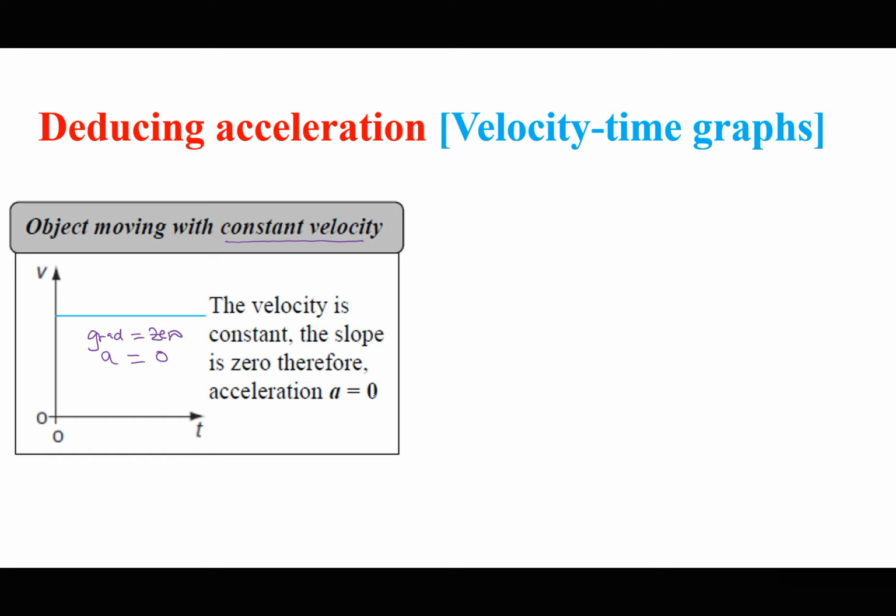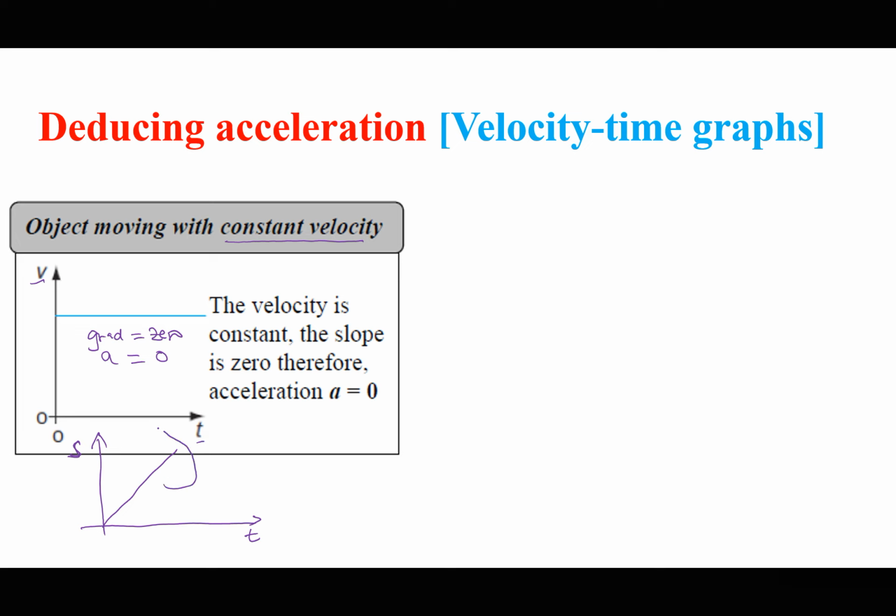Now people will confuse this with the line we drew for displacement against time. Displacement S against time for constant velocity was a line like this. But here we are saying velocity against time for constant velocity is a horizontal line.